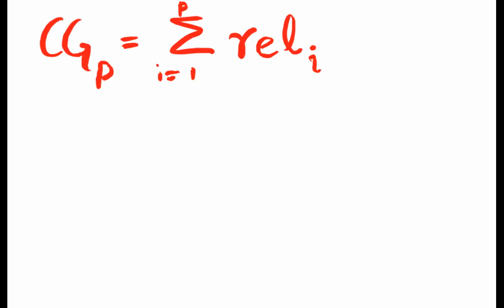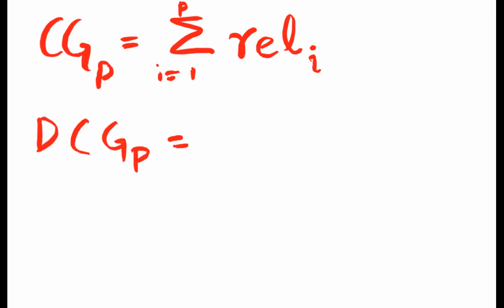Examples make sense. So cumulative gain is that you sum up the number of relevant items at position i. This is just counting; there's no position information here right now. Then we want to discount it with respect to the position where it appears.